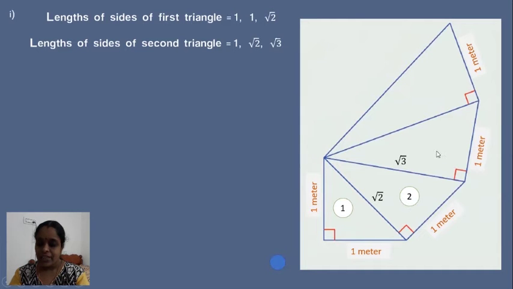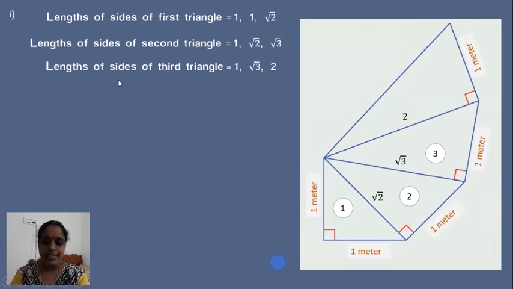Like that, if we take this triangle as third one and find the length of hypotenuse, we get it as √4. You know the value of √4 is 2. So we can say this length is 2 and these lengths of sides are 1, √3, 2. That is lengths of sides of third triangle is equal to 1, √3, 2.